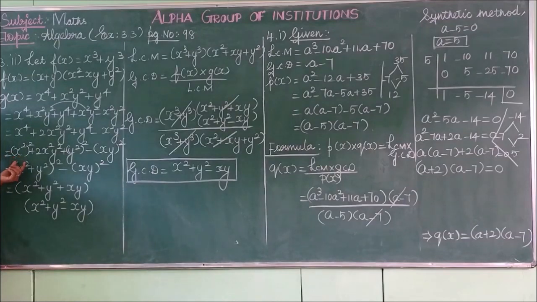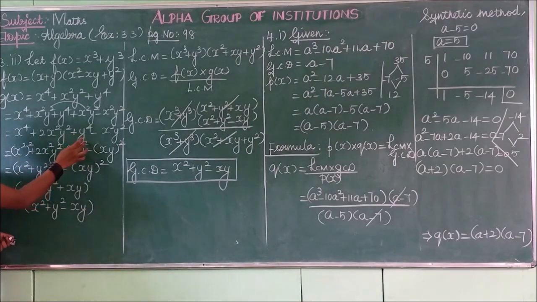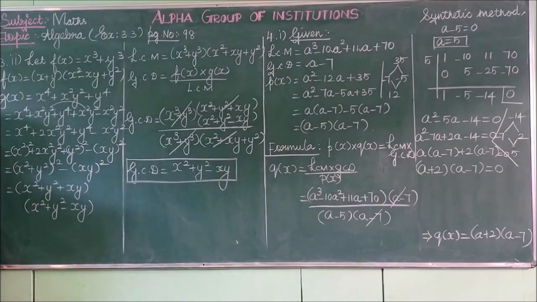So you can write it in that format. This x power 4 can be written as (x squared) the whole square plus 2x squared y squared plus this y power 4 can be rewritten as (y squared) the whole square. Now it is in the form of a square plus 2ab plus b square. So what is the formula for a square plus 2ab plus b square? A plus b whole square.